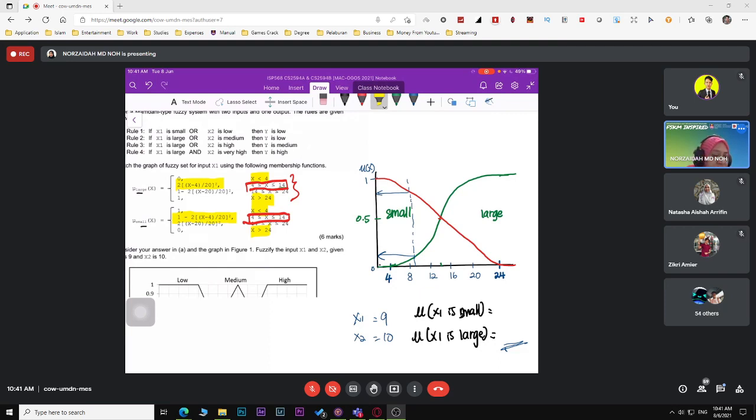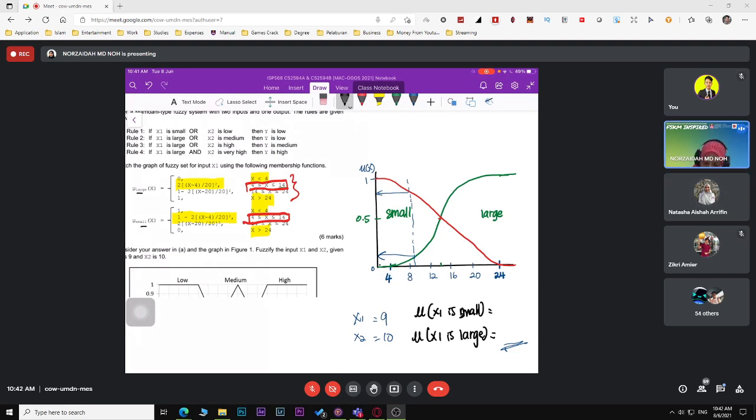Anybody? 0.875. That one is small ke large? Small. Are you sure? Ya terbalik kot.